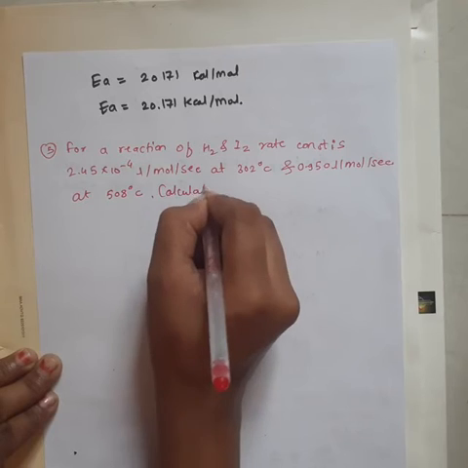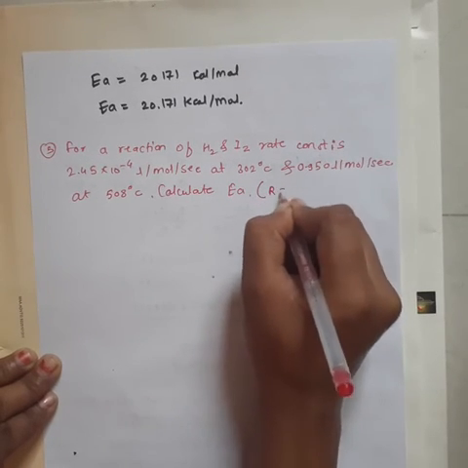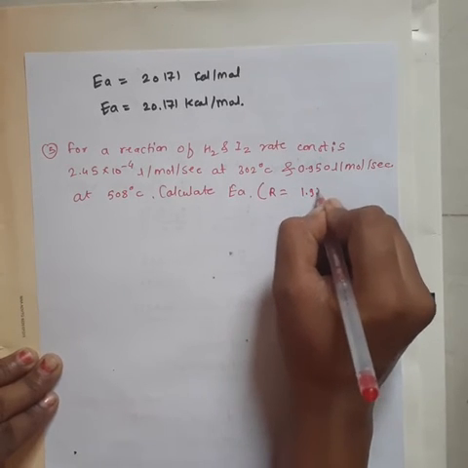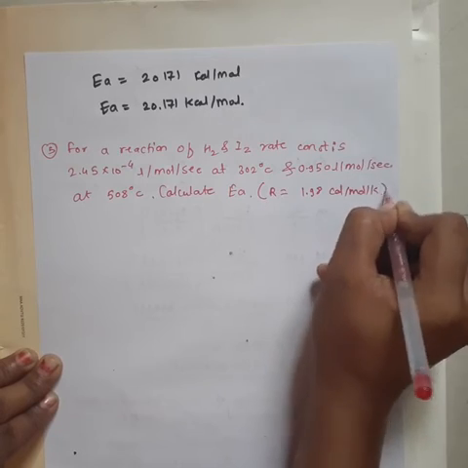Calculate the activation energy. The value of R is given as 1.98 calories per mole per Kelvin.